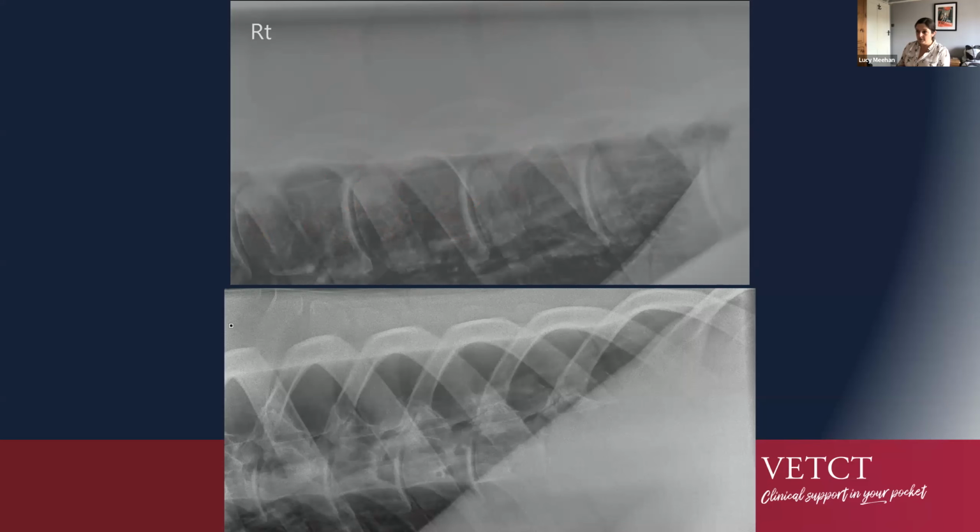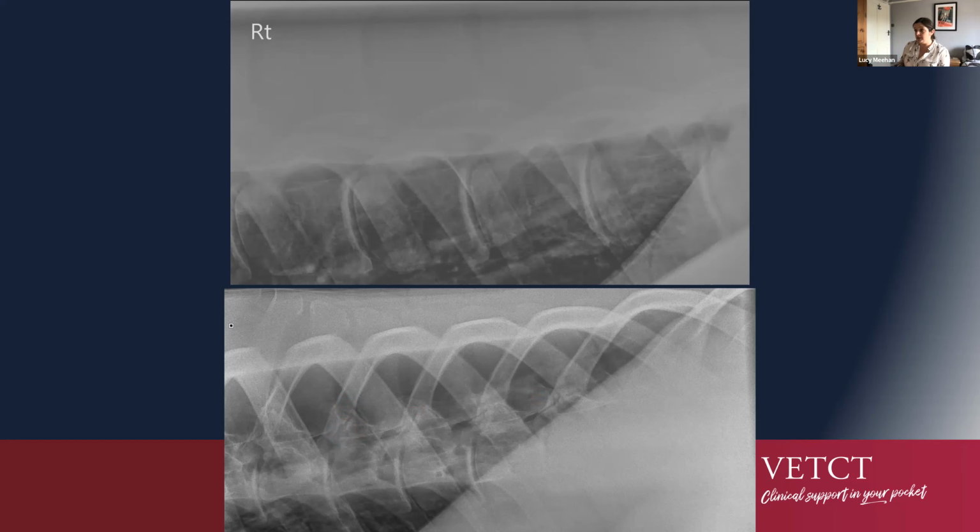Same horse, if we do an oblique view, so this is the ribs closest to the plate, the ribs furthest away. So these are the ribs furthest away that are projected dorsally, the ribs closest to the plate projected ventrally. And what we're looking at are these tiny sort of backward L-shaped articulations here, just at the dorsocranial aspect of the vertebral bodies.